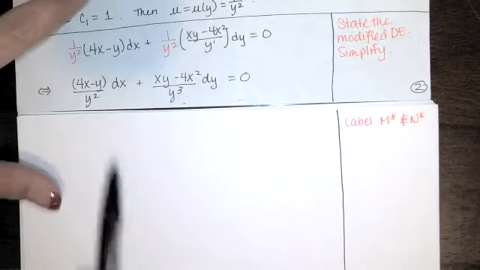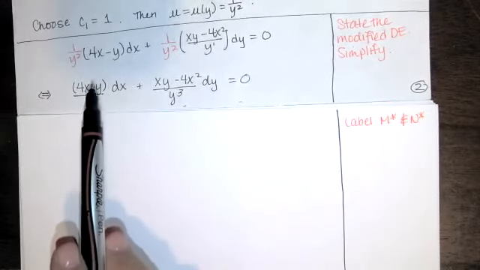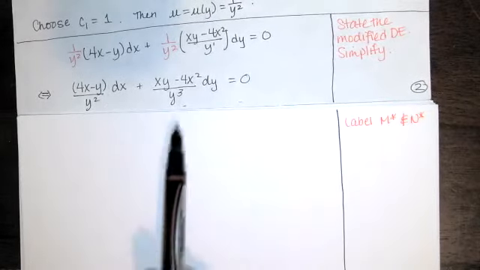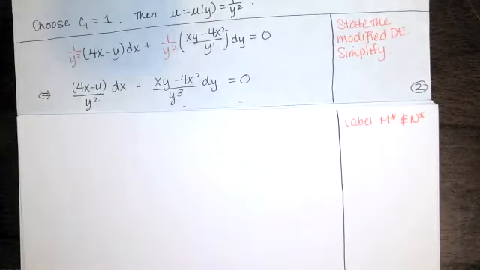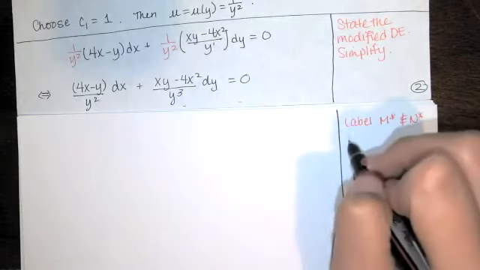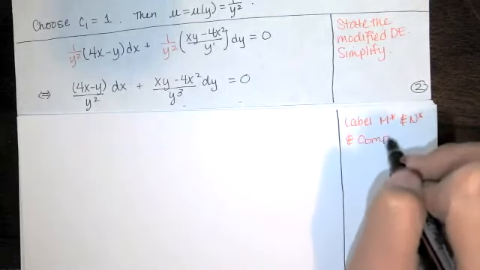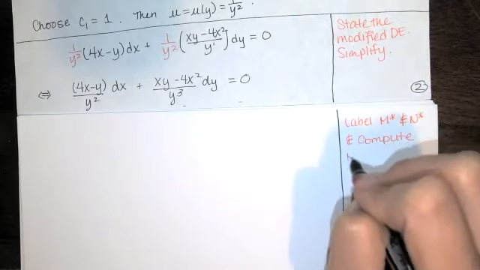At this point, I like to label this new function multiplying dx to be M star and this new function multiplying dy to be N star, just to distinguish them from the original M and N. And then we'll compute the necessary partial derivatives.